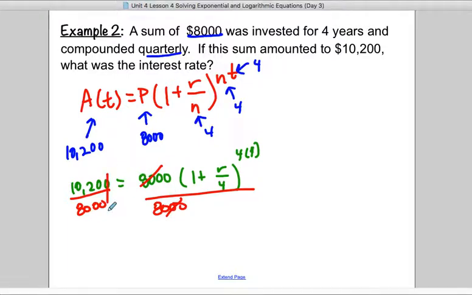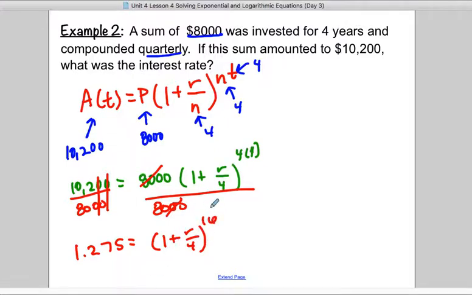I know my zeros will cancel here. What's 102 divided by 80? Doesn't work out too bad of a decimal, so I'm going to write it as a decimal. 1.275. You could also keep it as a reduced fraction if you wanted to. But I got 1.275 equals 1 plus R over 4 to the 16th.